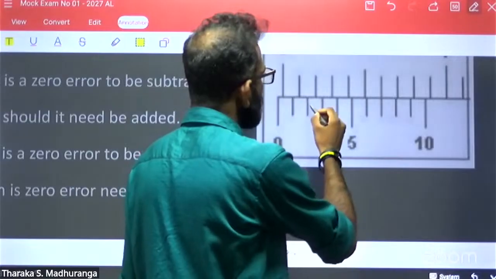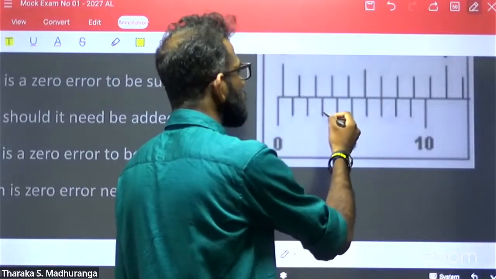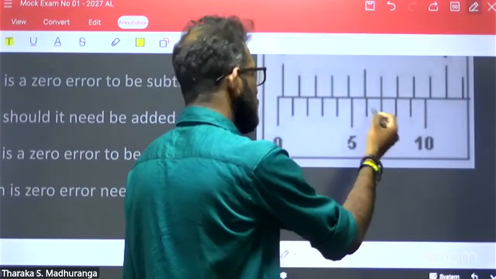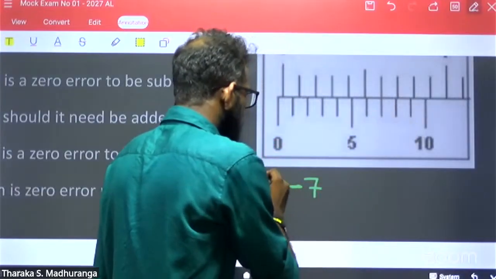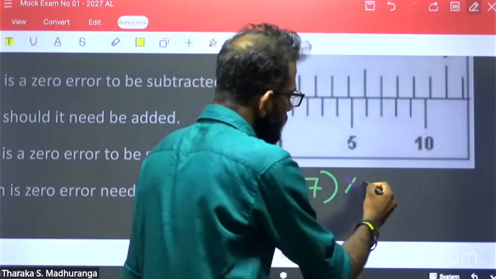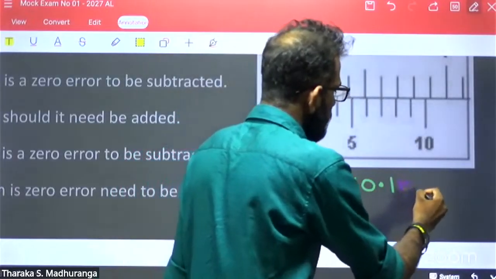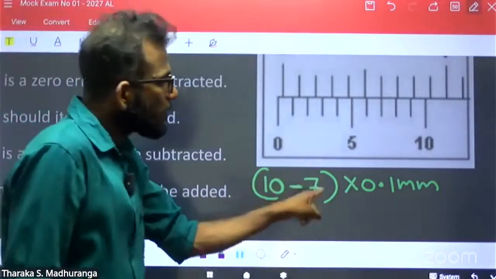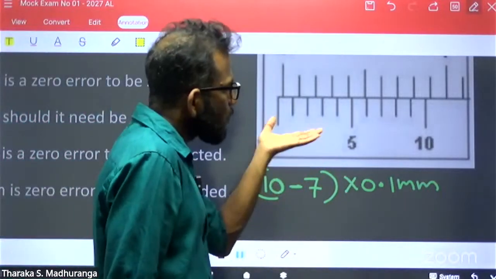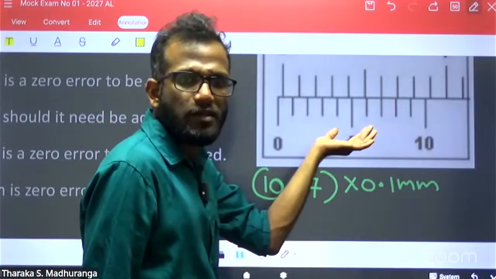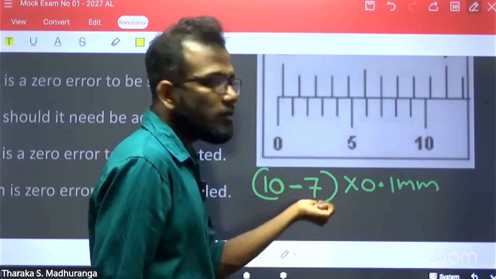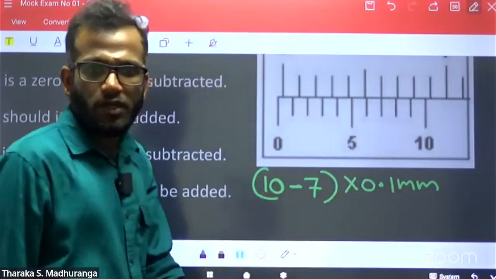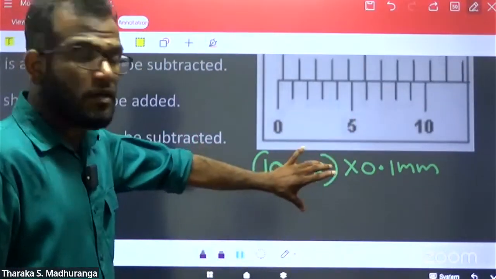Coincide part: 1 not coincide, 2 not coincide, 3, 4, 5, 6 not coincide, 7 coincides. Multiply by the least count, 0.1 millimeter. Remember, 10 minus 7. 10 is the total number of vernier parts, minus 7 the coinciding part, multiplied by the least count that we already discussed in the lesson.